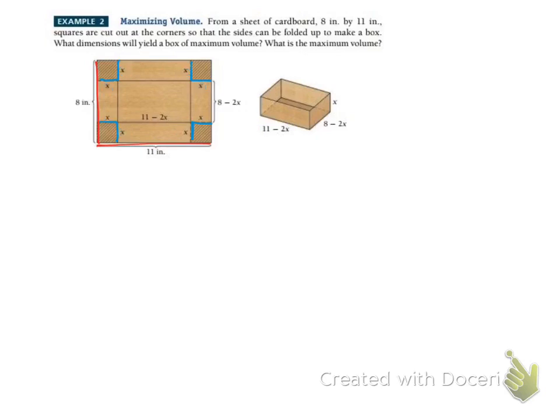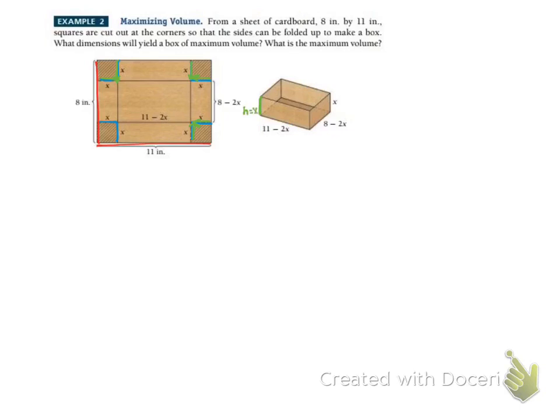Then what we do is we fold up each of those pieces, and so we can make a box, and each of those pieces we're folding up become this part of the box. So that corresponds to the height of the box.